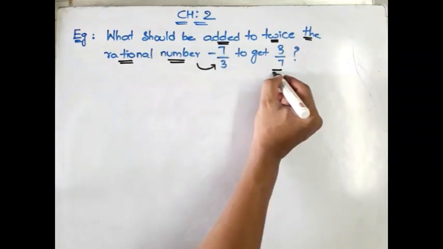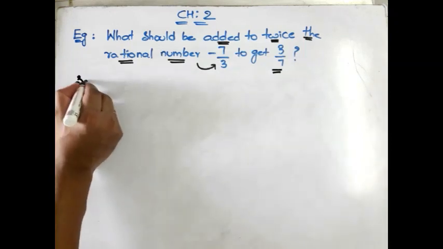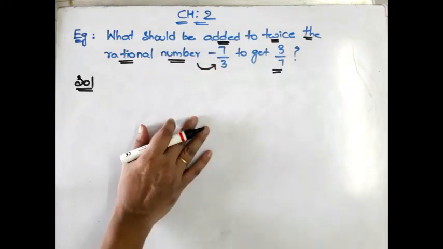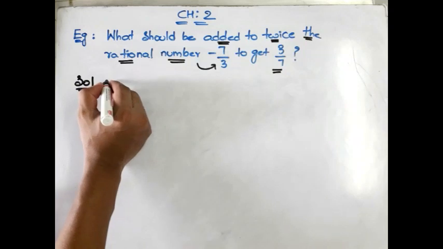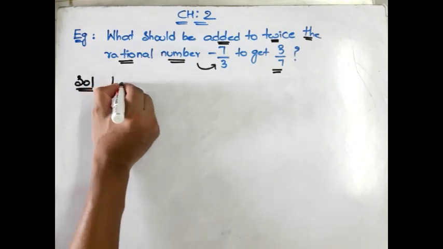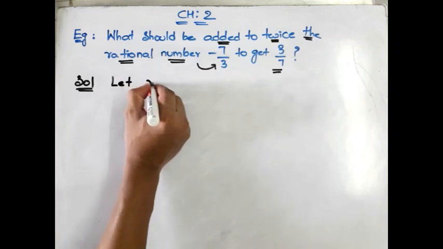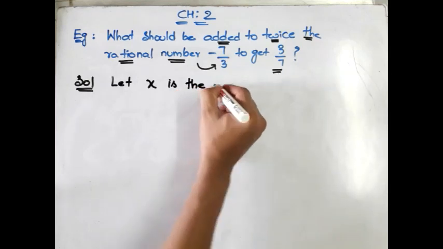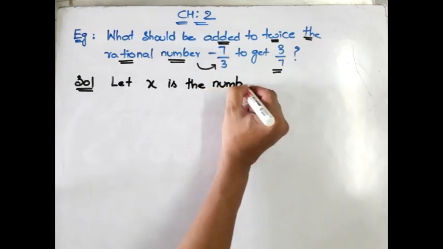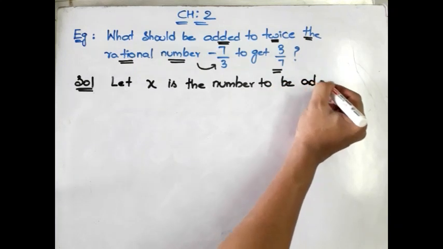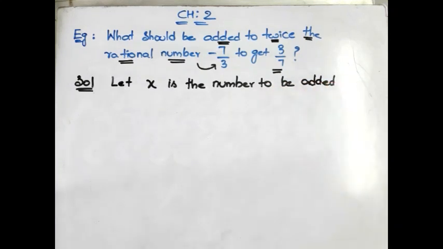Okay. Look, let us write it in terms of mathematical statements. We don't know what to be added. Okay. So let x be the number to be added. Let x be the number to be added. Now keep this thing aside.